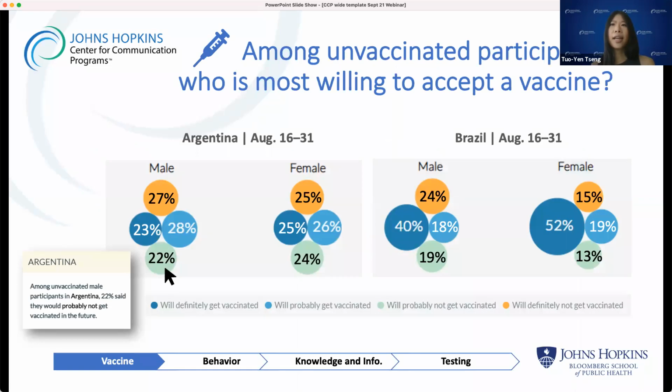The first section of the dashboard describes levels of vaccine acceptance among unvaccinated participants in different demographic groups within each country. Participants who indicated that they had not received any doses of COVID-19 vaccination were asked whether they would choose to get vaccinated. The bubbles in this graphic are color-coded for 4 response options, with dark blue representing those who would definitely get vaccinated, light blue for those who would probably get vaccinated, light green, probably not, and orange, definitely not.